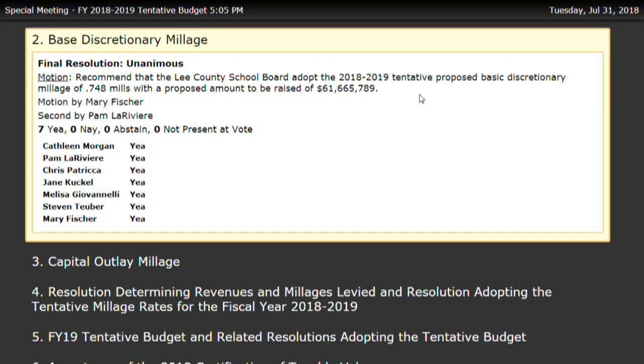Motion carries 7-0. Next recommendation, recommend that the Lee County School Board adopt the 2018-2019 tentative proposed capital outlay millage of 1.50 with a proposed amount to be raised of $123,661,342. The total millage will equal 6.401 mils with a total amount to be raised of $527,704,165. The total millage rate to be levied is less than the rollback rate by 1.35%.